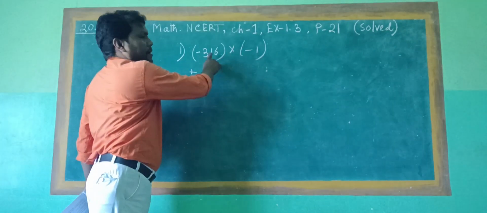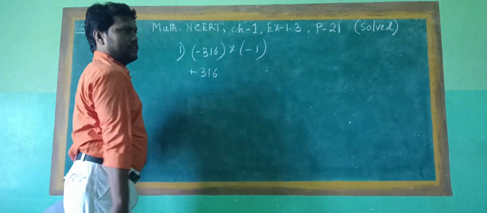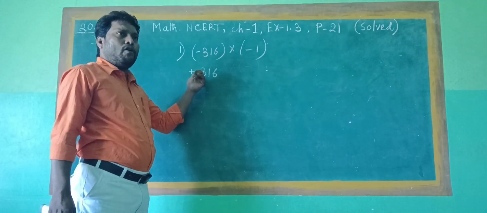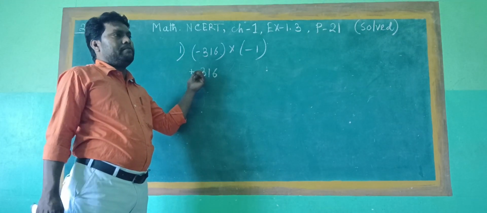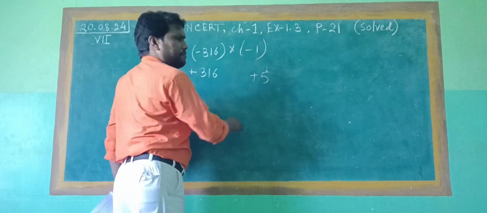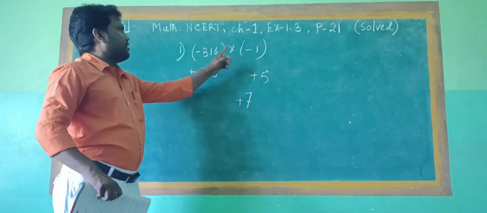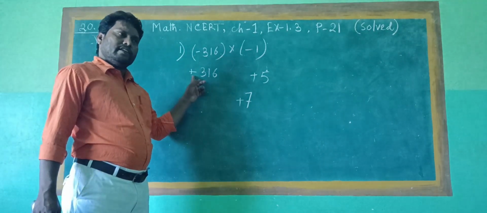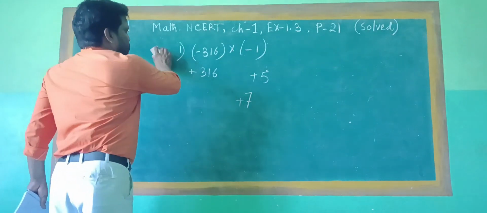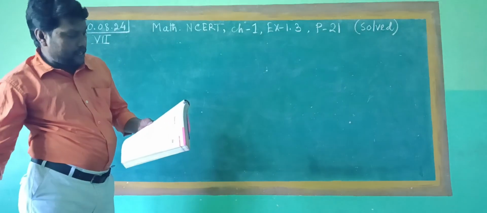Now if any number is multiplied by 1, what will be the number? 316. In case of positive, you may use the plus sign or you may not, because there is nothing. 5 means plus 5. 7 means plus 7. So the answer will be positive, so you may use it or not. So positive 316.